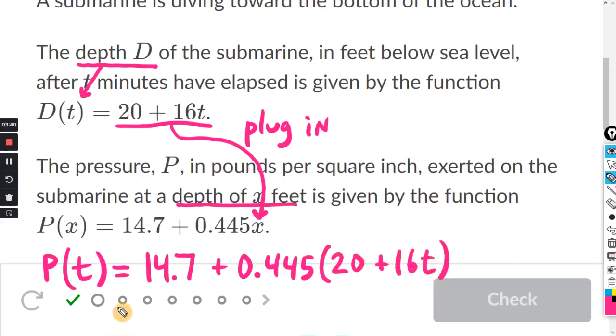All right, let's see. We still have 14.7 and distributing 0.445 times 20. Let's see, times 10, it will be 4.45, and then times 2, that would be 8.90.